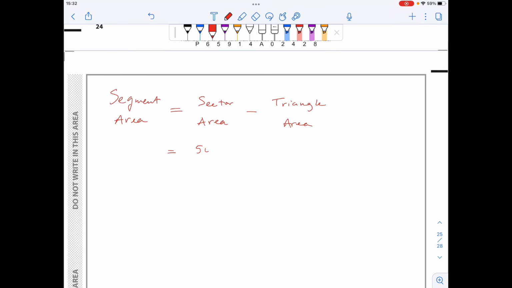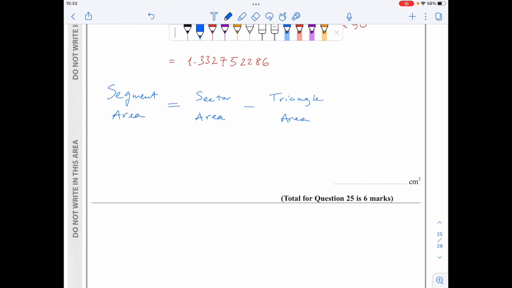This is equal to 50 over 360 times pi times 5 squared minus 1 over 2 times 5 times 5 times sine of 50. This comes out to be 1.33275228.